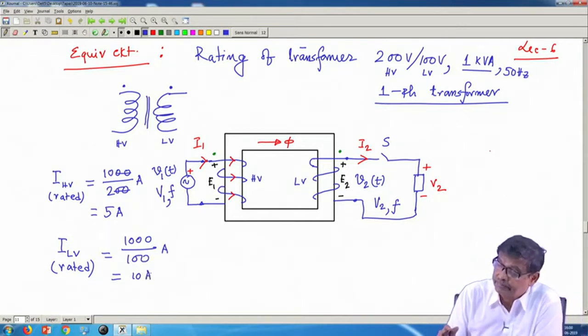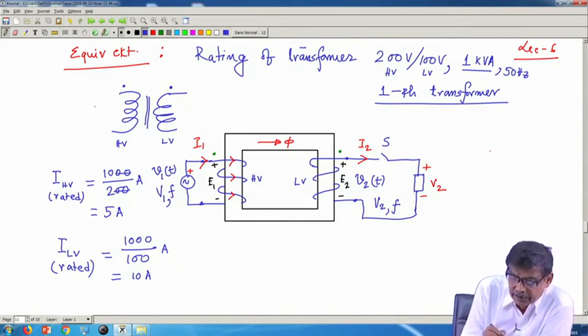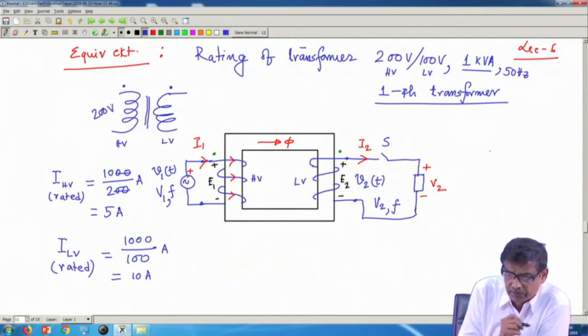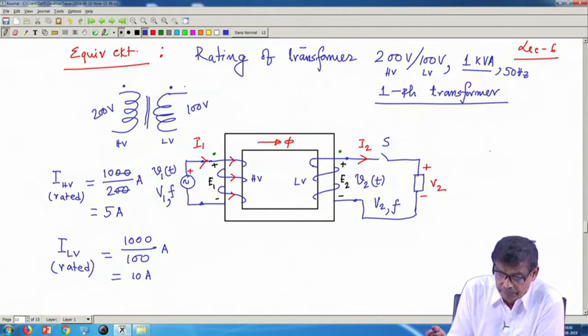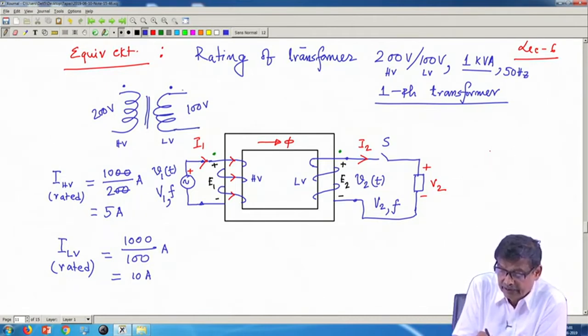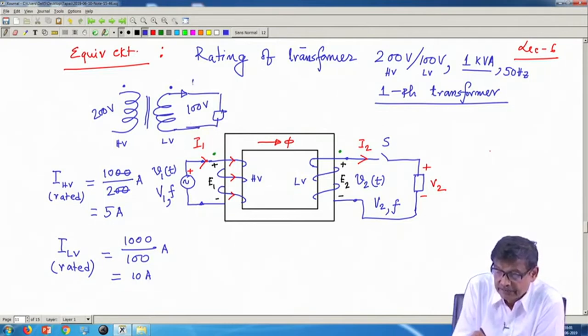So the moment these ratings are known, I can draw this diagram and say that on the HV side you can apply a maximum of 200 volt, 50 hertz, and you will get 100 volt, 50 hertz here, and you are going to connect some load. But do not connect just any load. Connect a load such that the current it delivers does not exceed this 10 ampere.